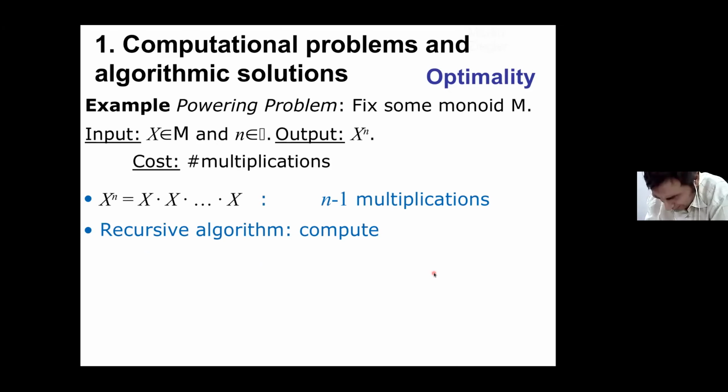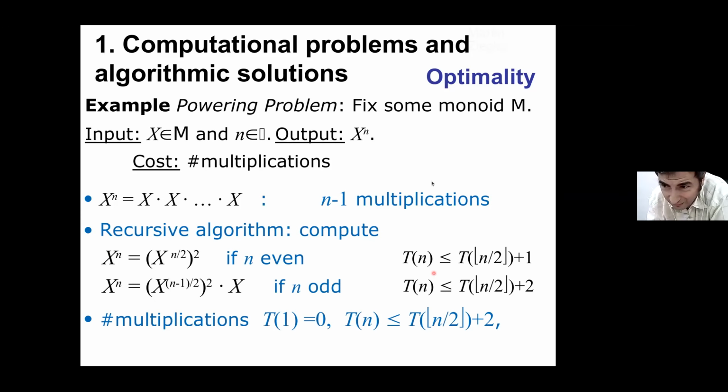Now there was this remark about complexity. We discussed the problem of powering, and obviously, if you multiply an element in some monoid, or wherever multiplication is defined, by itself n times, you can get the nth power.